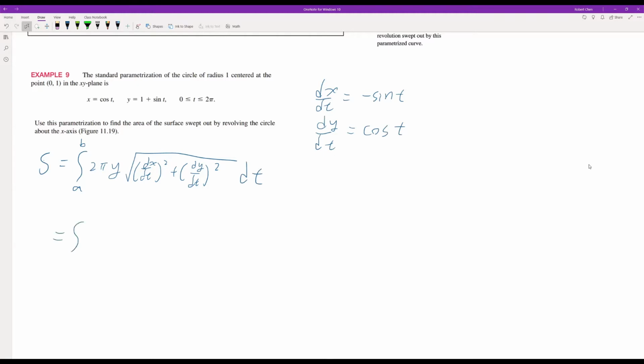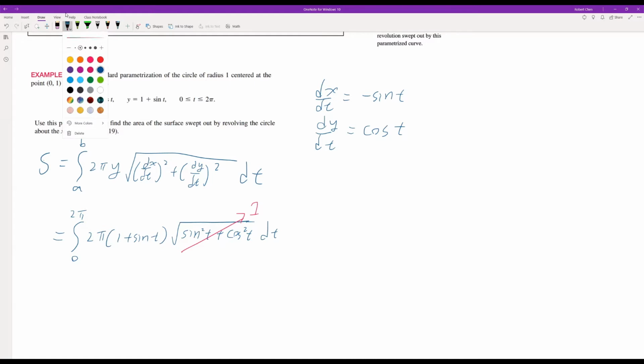That's going to go from 0 to 2 pi, and then 2 pi times y, which is 1 plus sine t, and then multiplied by the square root of sine squared plus cosine squared dt. And again, that whole thing in the radical will go to 1, which is very nice, saves us a lot of time.